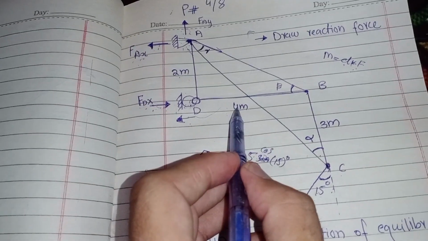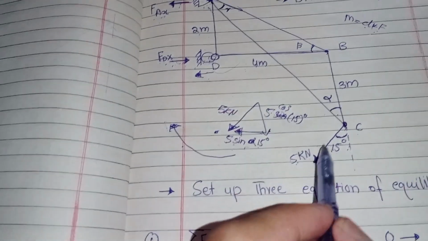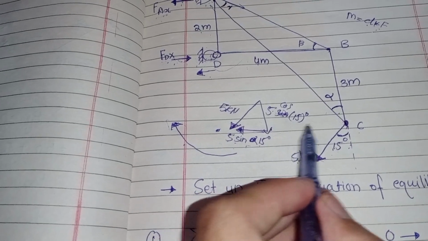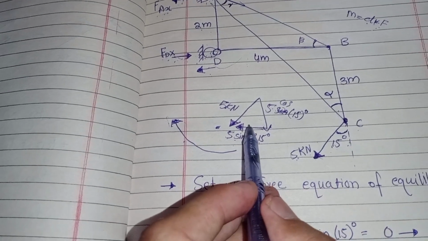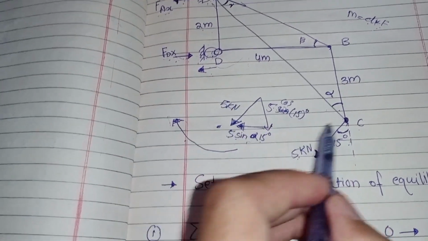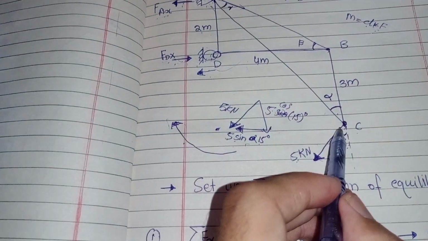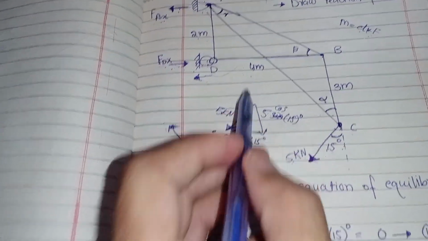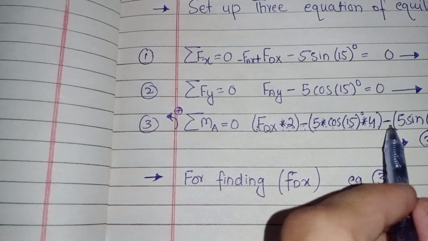What is the distance? This is the distance of 4, because we analyze horizontal forces only. From here to here is 4 meter.